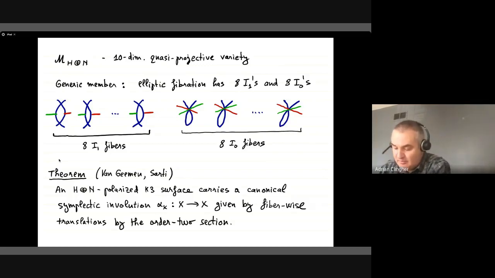That means fibers of this type. And other 8 fibers of Kodaira type I0. That means fibers of this type. And then you can see in this picture the 2 sections. I have one section in green and one in red.